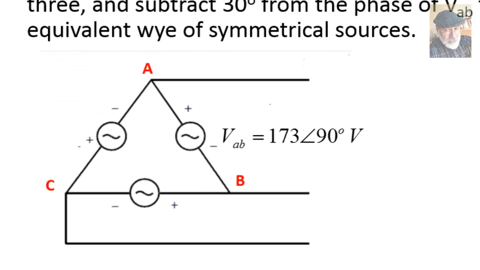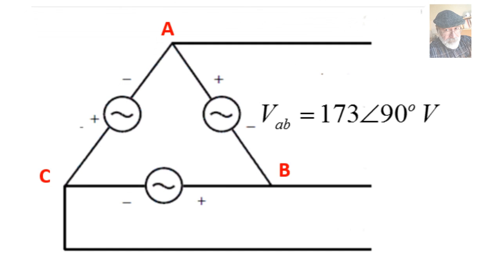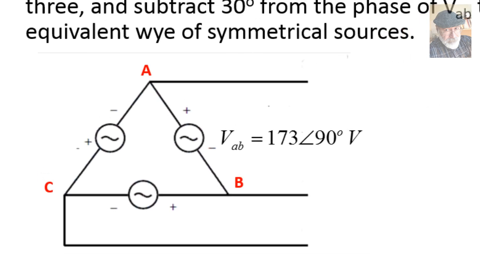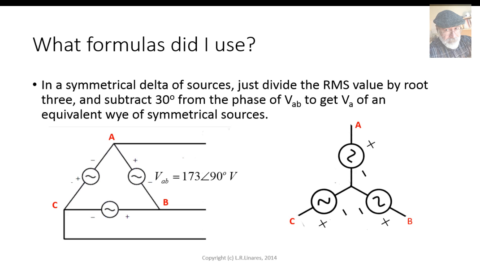That is the value of that one, 173 RMS volts with 90 degrees. Well, to find the corresponding y for the phase A, I divide the RMS values by √3 and I subtract 30 degrees from the phase. That's how I find the phase A y equivalent source. 100 volts with 60 degrees.